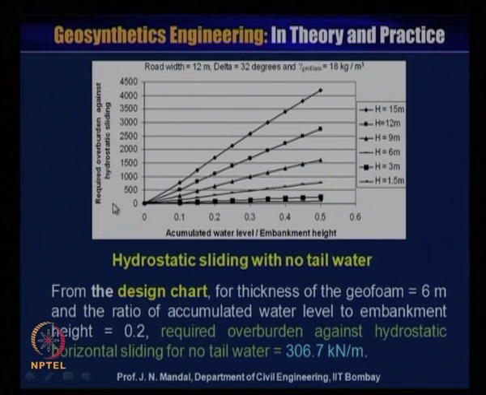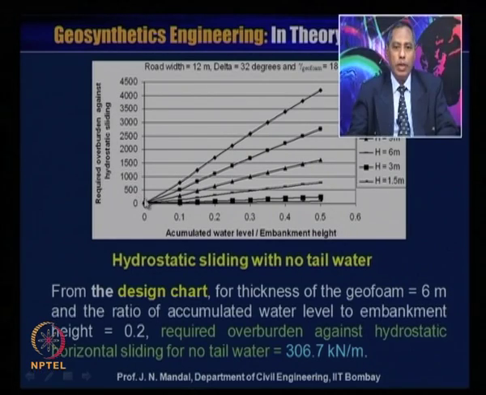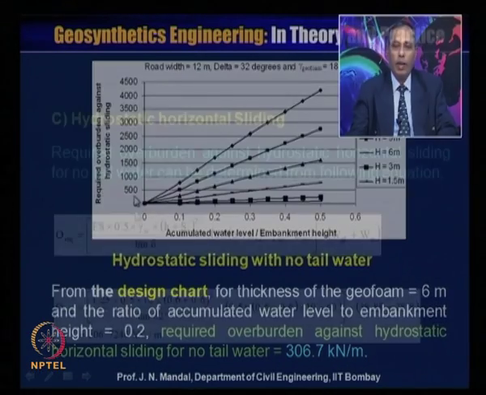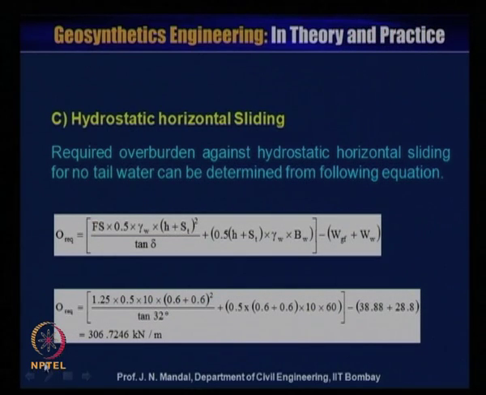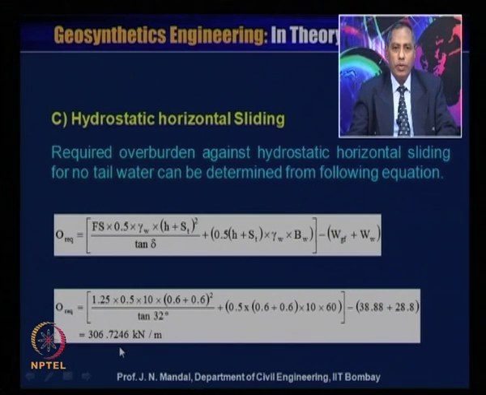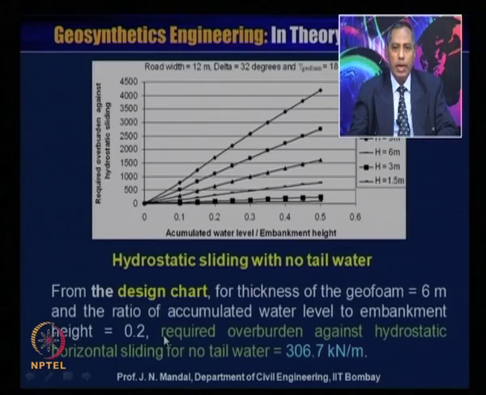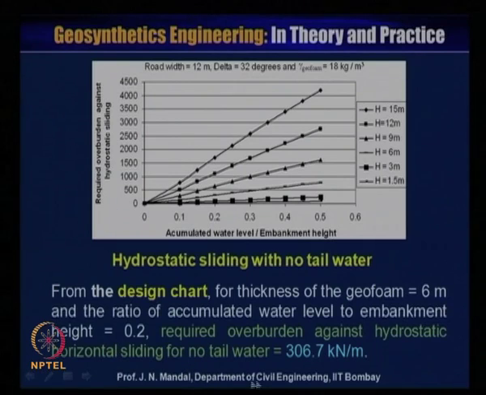So the required overburden against the hydrostatic horizontal sliding for no tailwater, you can have 306.7 kilonewton per meter. So you can see also here that what we received, 306.7246 kilonewton per meter, and from this design chart you also have the required overburden against hydrostatic horizontal sliding for no tailwater as 306.7 kilonewton per meter.